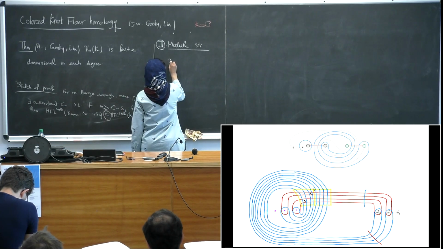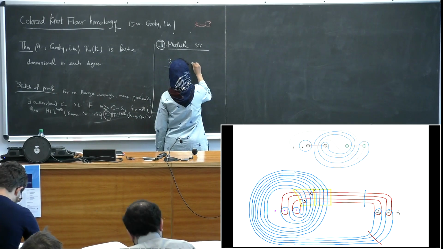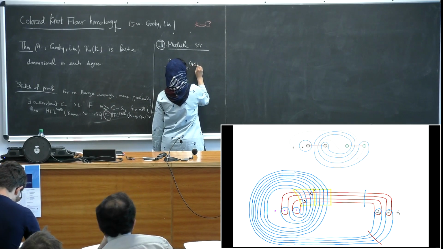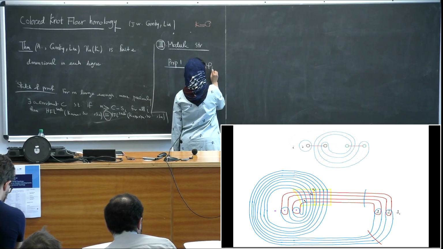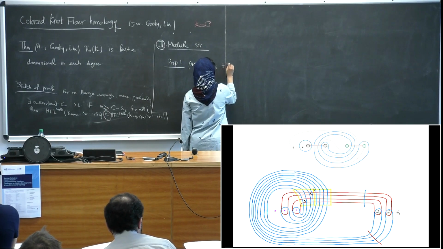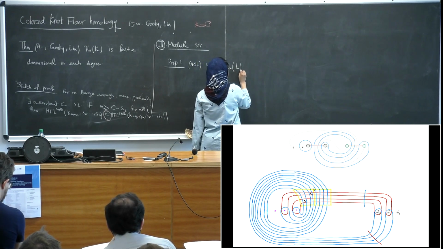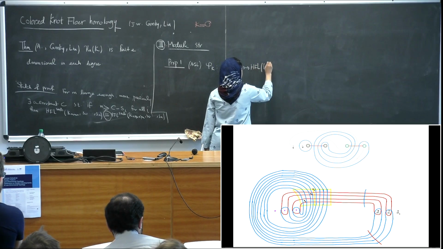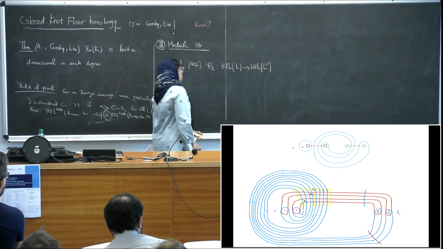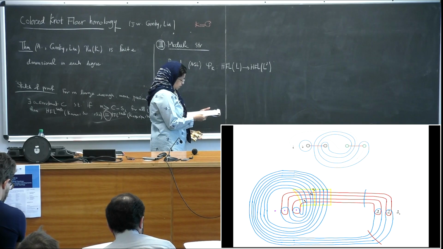So proposition 1 is that if you look at these cobordism maps, phi k, that go from, this link doesn't really have to be a cable, so I'm just going to write it as L, L to L prime. And k, remember, records the spin-C structure.